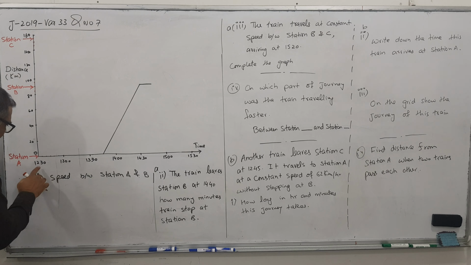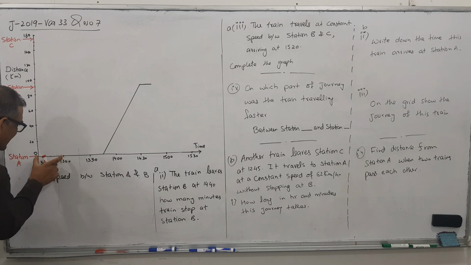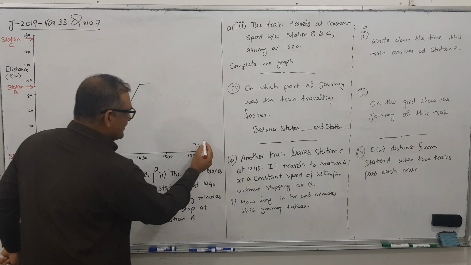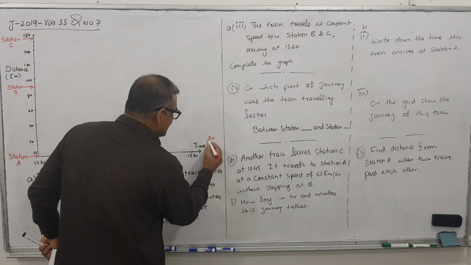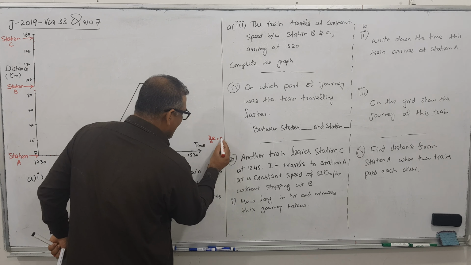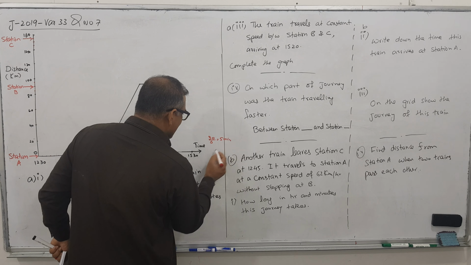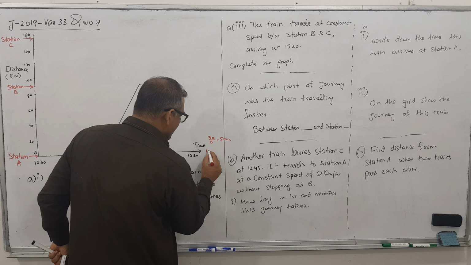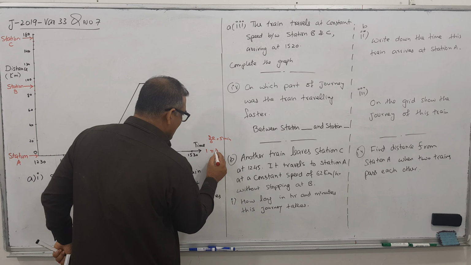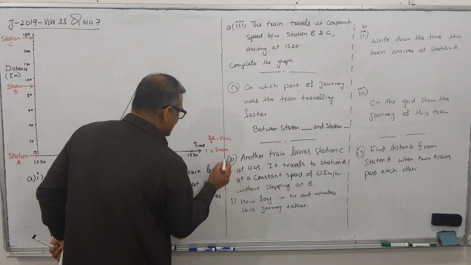This is 12:30, so this is 30 minutes, and 30 minutes divided by 6 boxes gives you 5 minutes. So one small box equals 5 minutes on the x-axis.